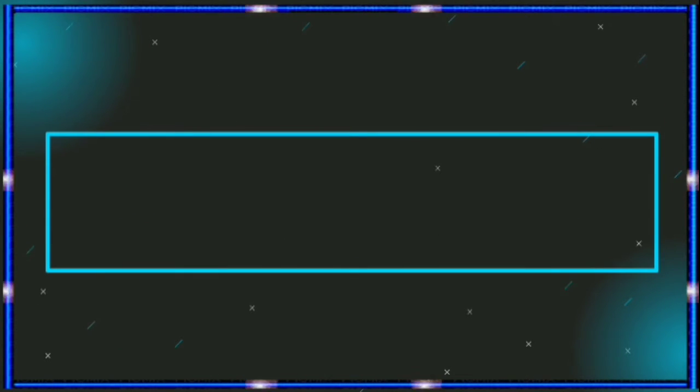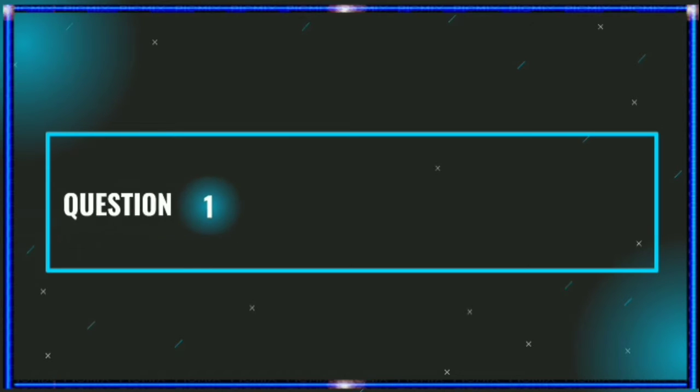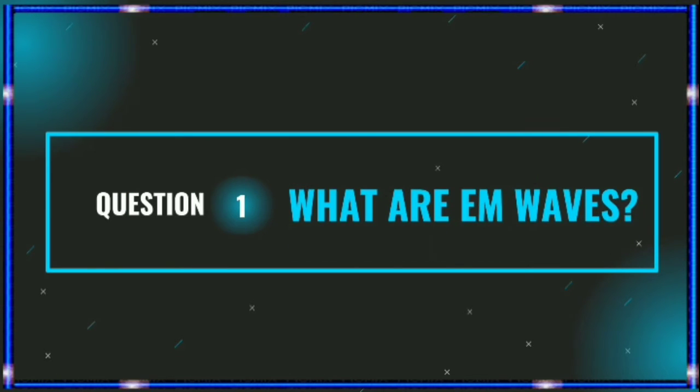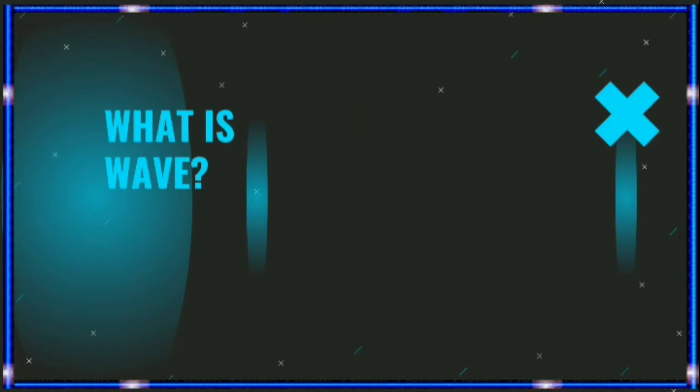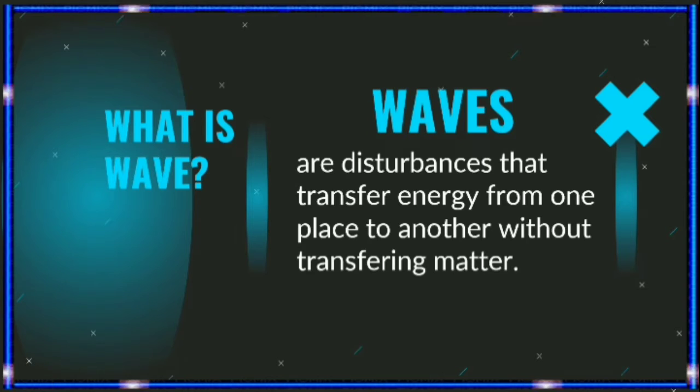Let us start with question 1. What are electromagnetic waves? By answering this, we should first define what a wave is. Waves are disturbances that transfer energy from one place to another without transferring matter.